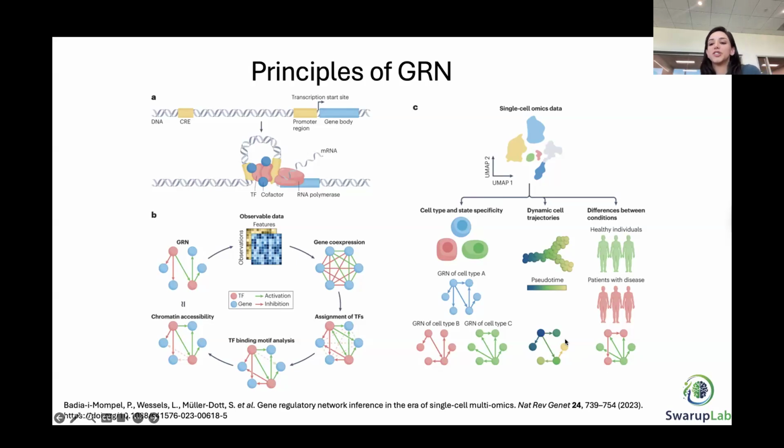So basically the GRNs help us understand these programs that go beyond just disease versus normal. We can also understand cell type identity, or how cell types change their states in development or other disease status. So there's a lot of use to them.